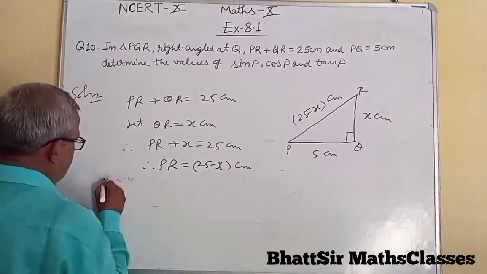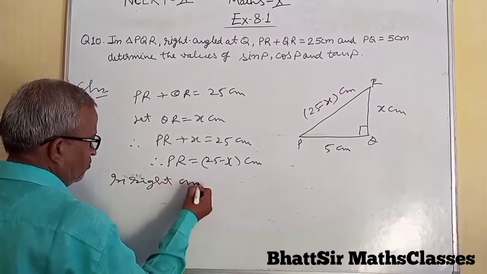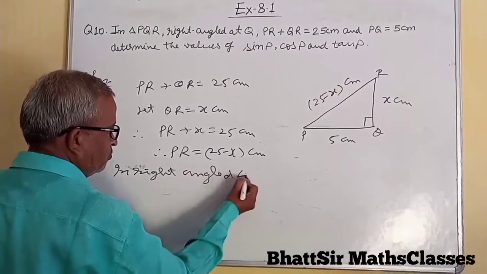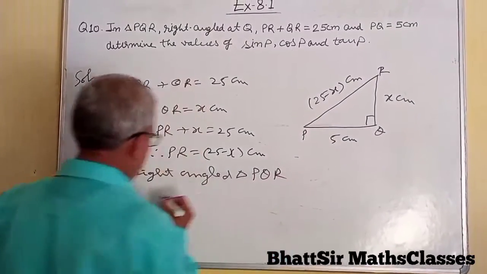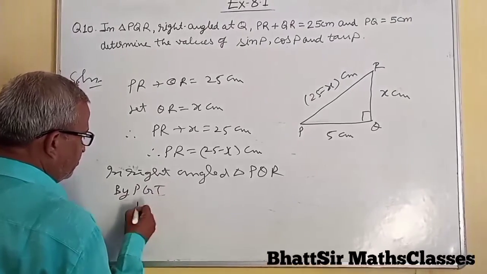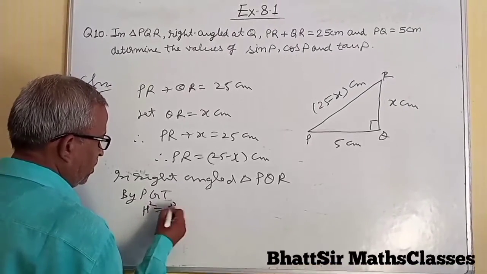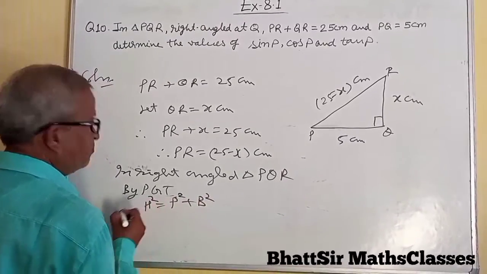In right angle triangle PQR, by Pythagoras theorem, H square equal to P square plus B square.